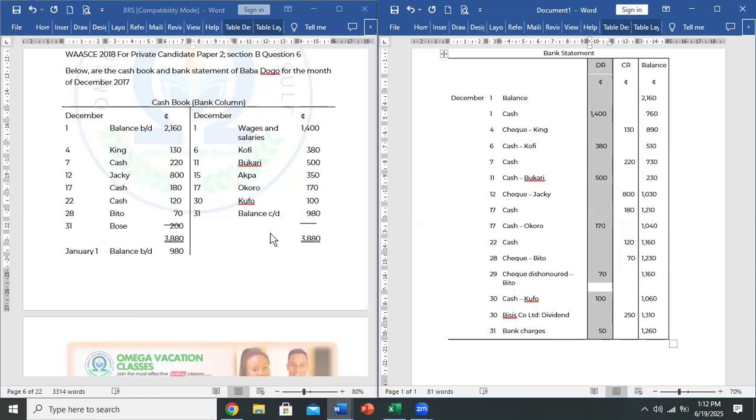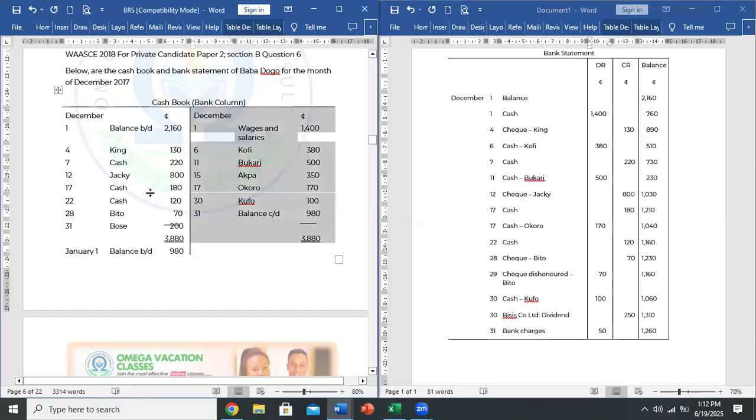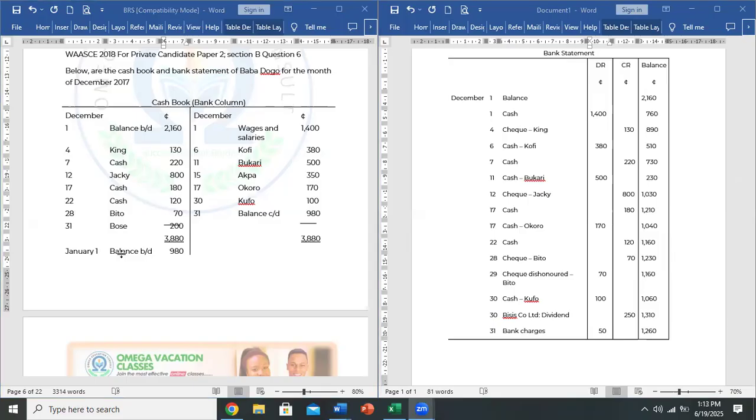So professors, you will do this comparison with me so that we can fish out these unpresented checks and uncredited checks. However, we would have to do that in the second session. The first session is up. So please, let's go to the page and pick the second session details, okay? So that we can continue the class from there.